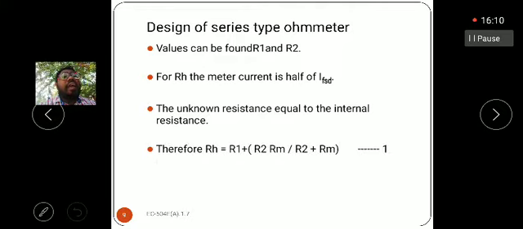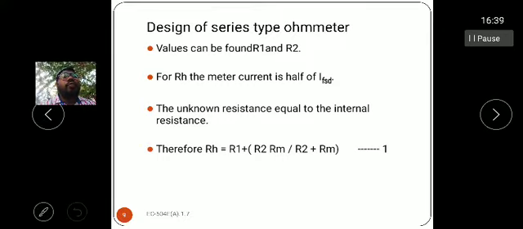Therefore, RH is equal to R1 plus R2 into Rm divided by R2 plus Rm. Here R2 is the adjustable resistance and Rm is the internal movement resistance. R2 and Rm are in shunt, and R1 is in series with the combination of R2 and Rm.